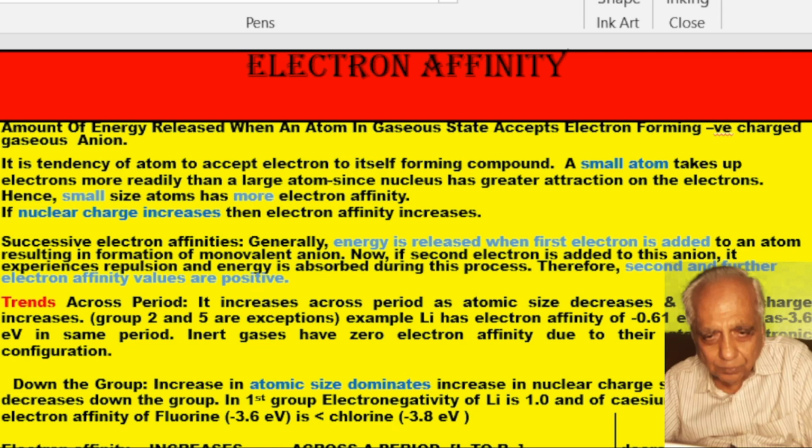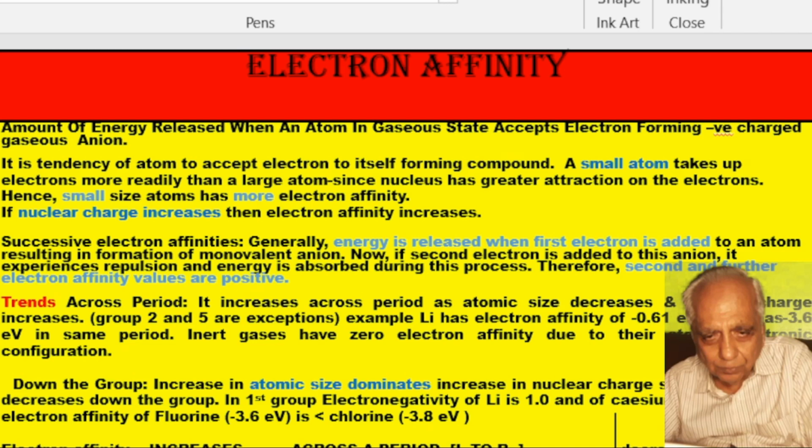Small size atoms have more electron affinity, because when the size is small, the electron comes very close to the nucleus and is attracted with a larger force. So just remember this: small size atoms have more electron affinity. If nuclear charge increases, then electron affinity will also increase, because the nuclear charge has increased, so it will attract the electron.